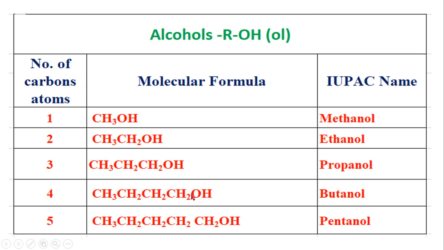OH is the functional group, so butanol. Number of carbon atoms 5: CH3CH2CH2CH2CH2OH. 5 carbon atoms, 1 functional group, alcohol. Pentane, OL, that is pentanol. Methanol, ethanol, propanol, butanol and pentanol.